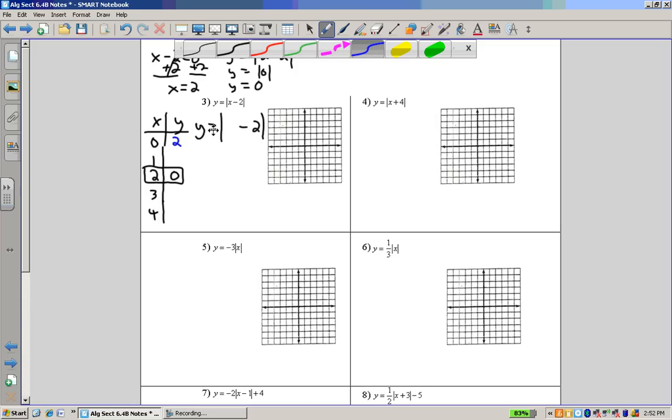All right, let's plug in 1. Y equals the absolute value of 1 minus 2 is negative 1, so the absolute value of negative 1. Y equals 1 because it's 1 unit away from 0 on the number line.